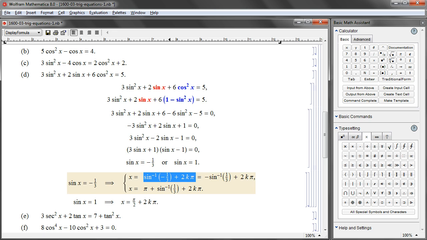But if you use Mathematica or some computer algebra system, it'll say it's negative of arc sine of 1/3. Why? The reason is because sine function is an odd function, so arc sine function is also an odd function. So arc sine of -1/3 is the same as negative of arc sine of 1/3.